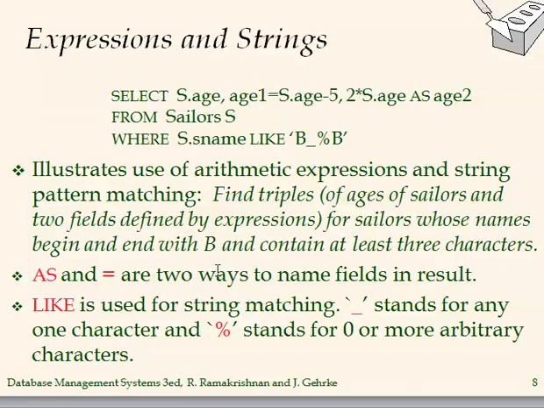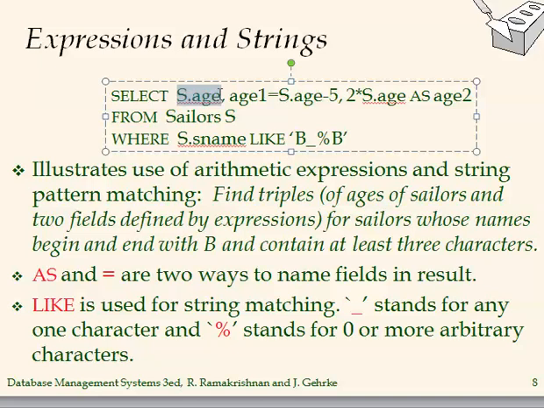Let's see here, what we want to illustrate in this query is the use of expressions and strings. For example, here we're just listing the age of sailors. I'm just going to spend a minute on the expressions. Look at that, the age from sailors, and I'm ignoring for a minute what we have here in the where clause.